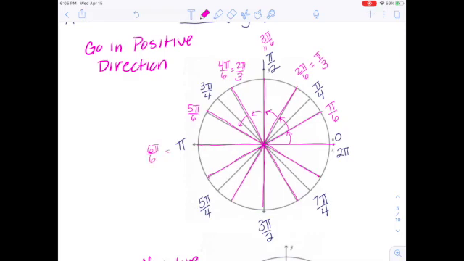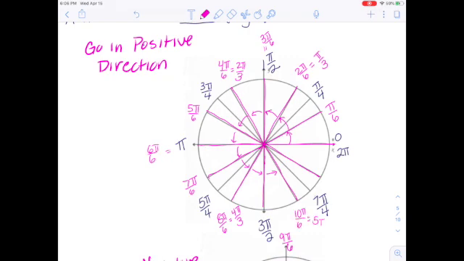So we're at 5 pi over 6, and then 6 pi over 6 is equivalent to your pi, and 7 pi over 6, and then 8 pi over 6, which we're going to simplify. That is 4 pi over 3. All right, add another. We're at 9 pi over 6, which simplifies to be your 3 pi over 2.